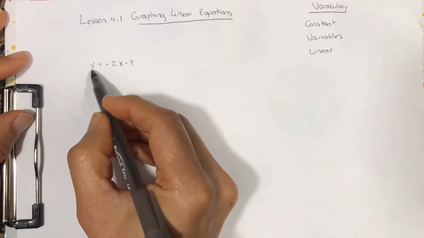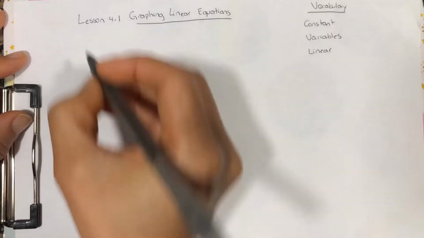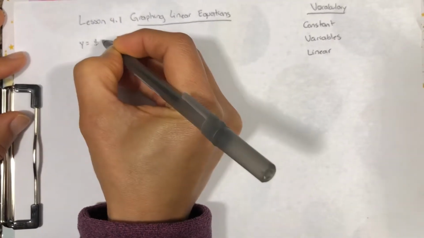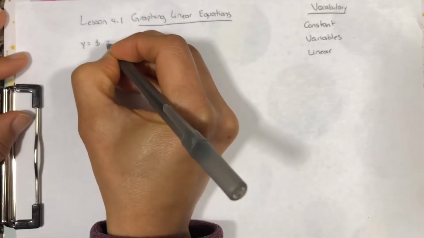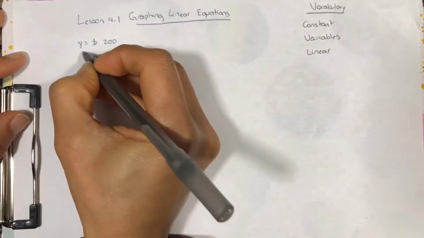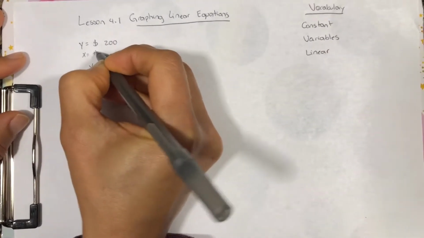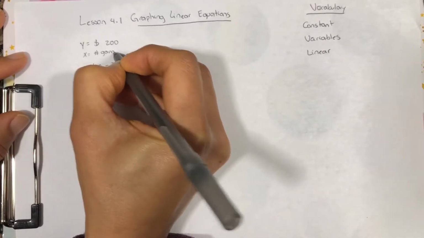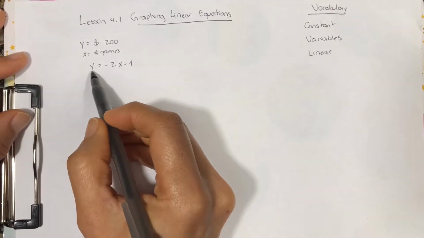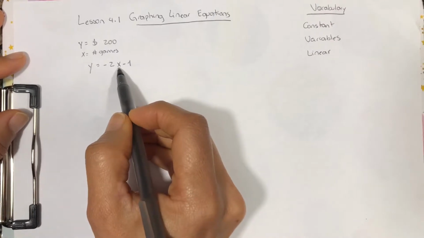I will say that y represents the amount of money that I will spend at the zoo, and x represents the number of games I can play at the zoo. So how much money I will spend at the zoo will depend on how many games I play.